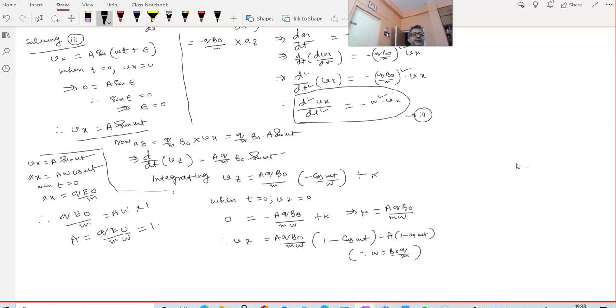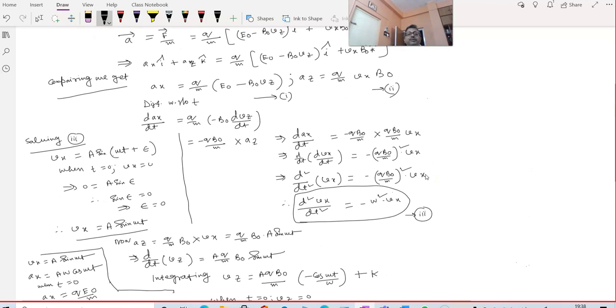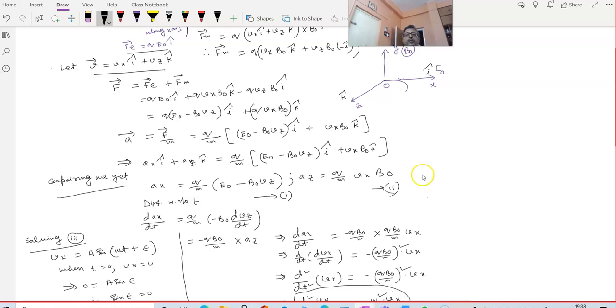Will they check this? Vx is A sin omega t. Ax is A omega cos omega t. When t equal to 0, Ax is this thing, because electric field only will be taking. So Q0 by m equal to A omega. Omega value is what? Oh, sorry. Omega has a value. Omega we got earlier. What is omega here? Check.